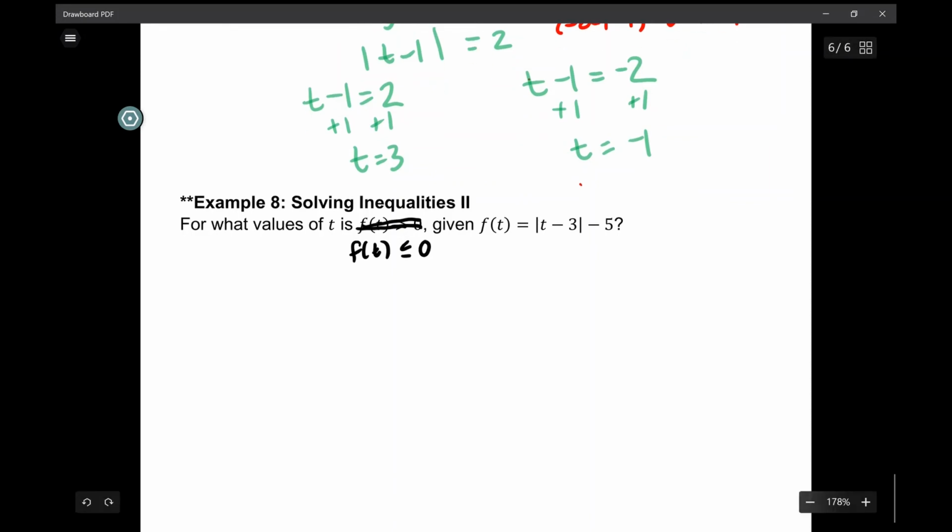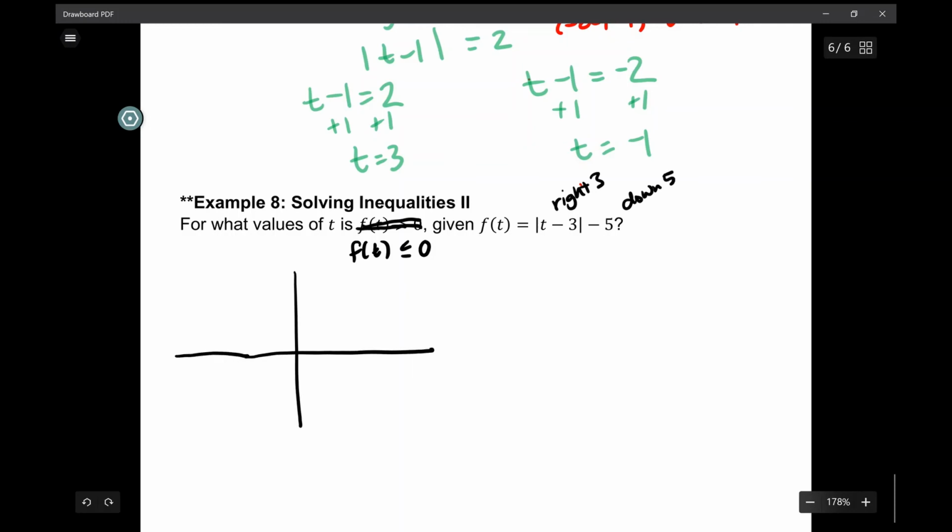Now this is a very straightforward function transformation. So I think we can do this one by hand. We know it's going to be right 3 and down 5 from our original absolute value equation. So let's draw a graph of this guy. Good practice graphing by hand.